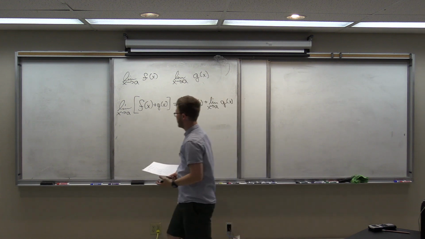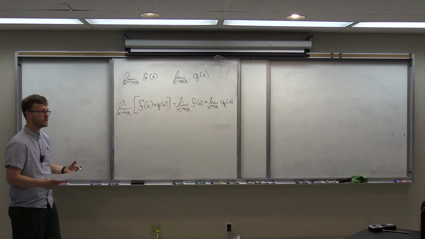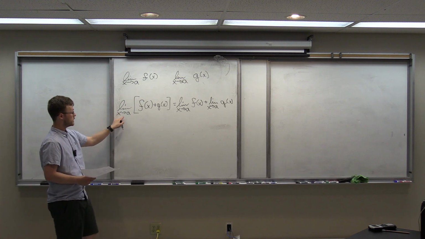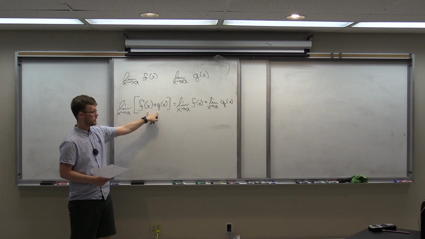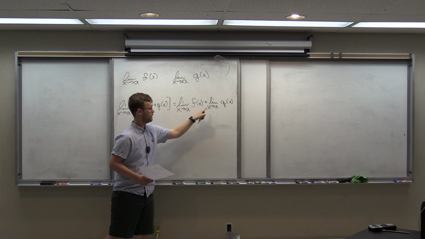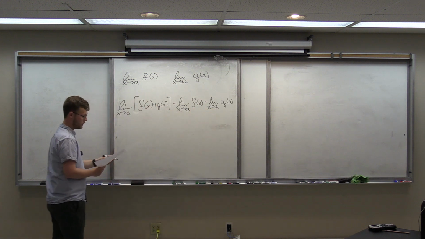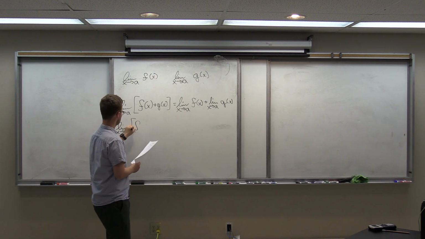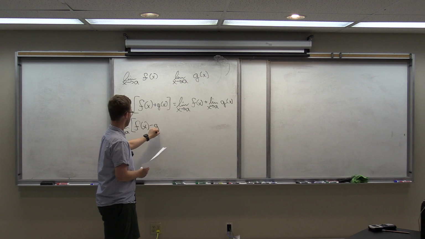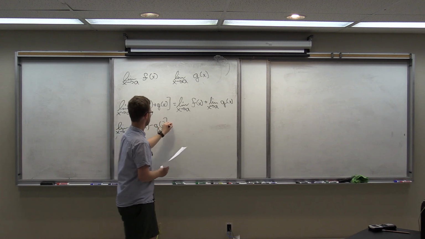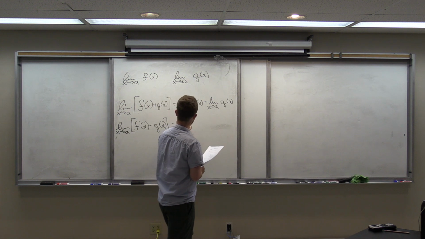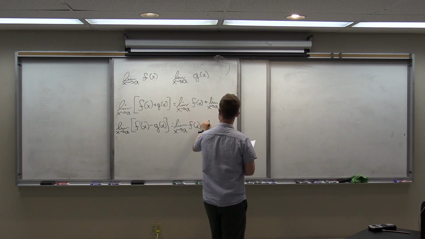This can be summarized as, and this will be a very important thing, I think, to memorize, the limit of the sum is equal to the sum of the limits. Now, we get some very similar results, starting off with the difference. The limit of the difference is equal to the difference of the limits.